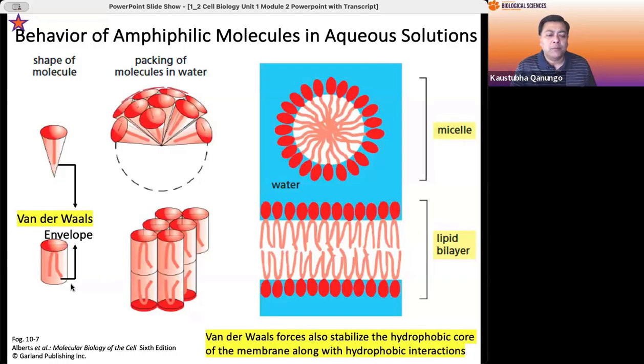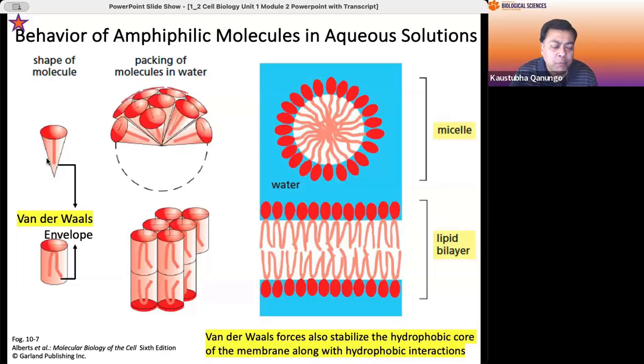On the other hand, all the typical lipids that we see in the membrane have two fatty acid tails, except of course cholesterol, which is a different class. But phospholipids and sphingomyelins all have these two fatty acid tails. They pack in a little bit different way, and the structure of that is known as the van der Waals envelope.